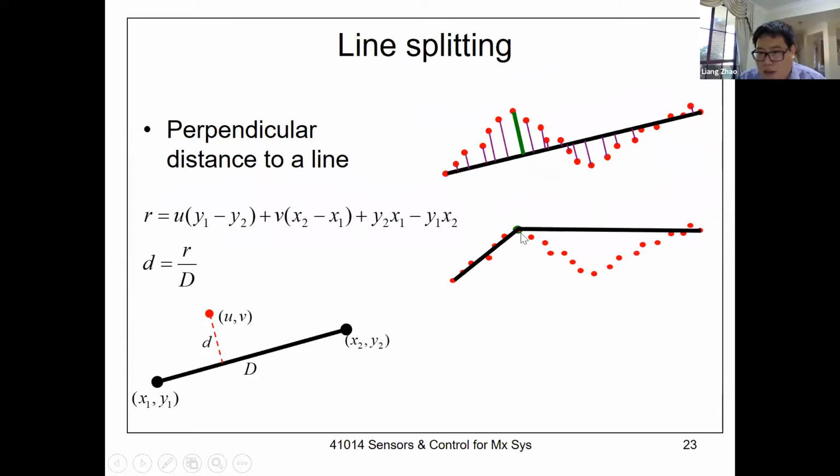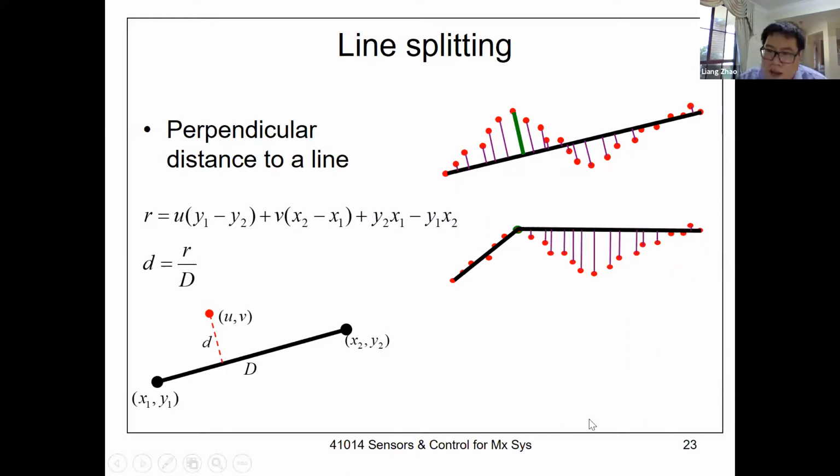Then you fit two lines. You can see the points on the left are more or less on the same line, with relatively small distance. The points on the right still have large distance from the fitted line.